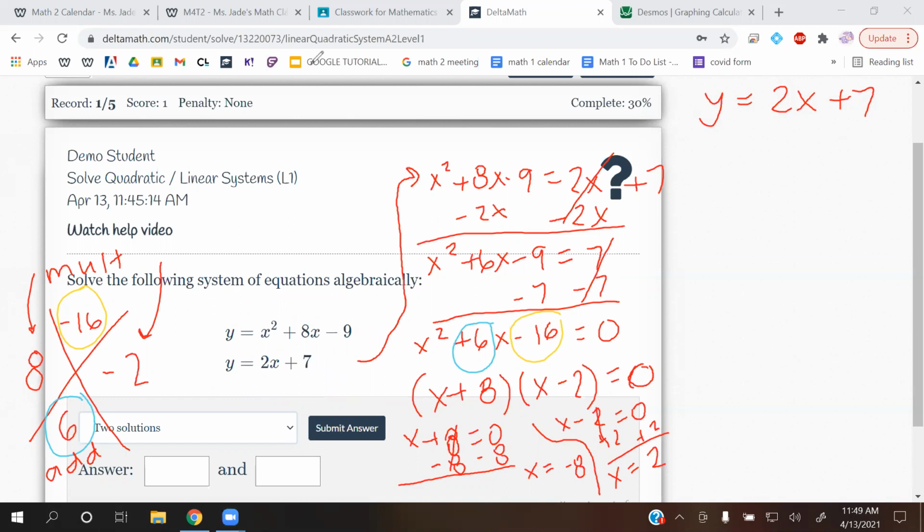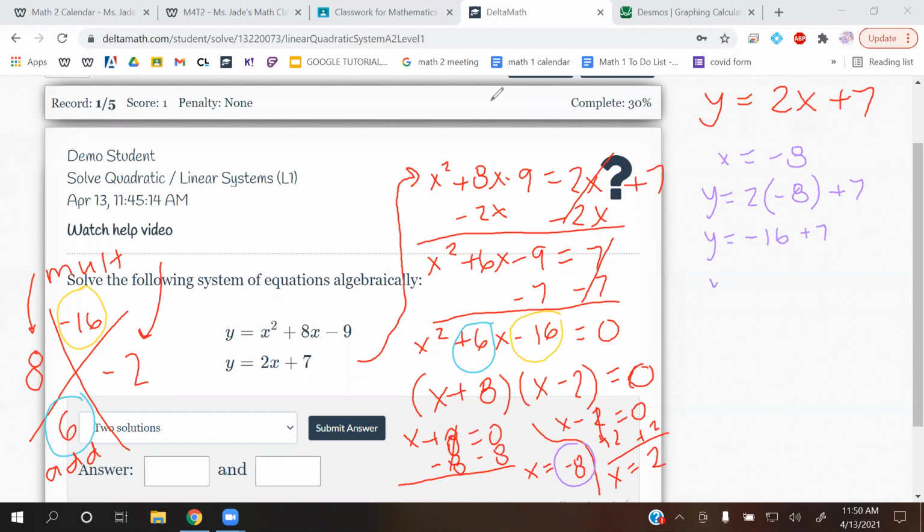Okay, so using this equation, let's plug in our first x value. So our first x value was -8. And so I'm going to use the equation y is equal to 2 parentheses -8 plus 7. Okay, let's simplify it. y is equal to -16 plus 7.